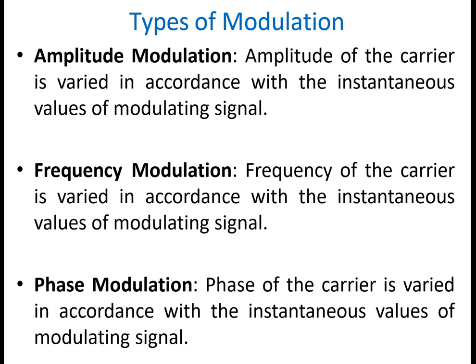The next definition is for frequency modulation: the frequency of the carrier is varied in accordance with the instantaneous value of the modulating signal. At that time, phase and amplitude remain constant. The third definition is phase modulation: the phase of the carrier is varied in accordance with the instantaneous value of the modulating signal. At that time, frequency and amplitude remain constant.